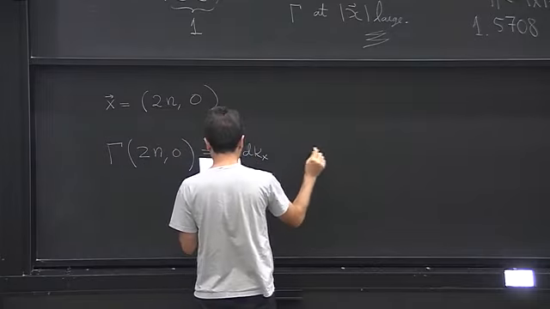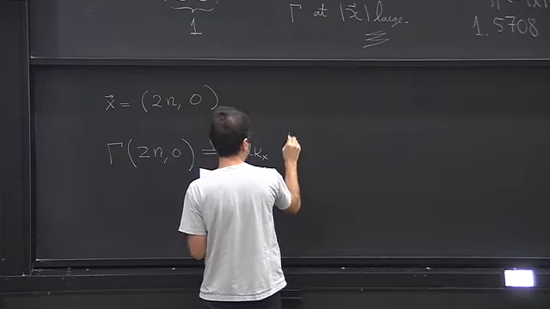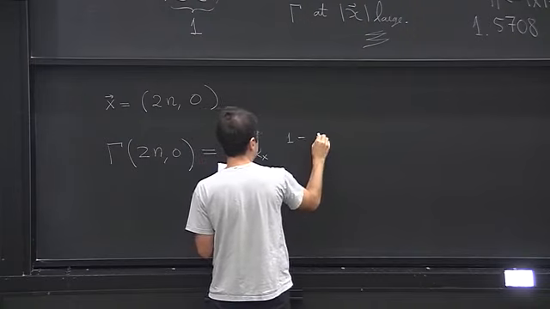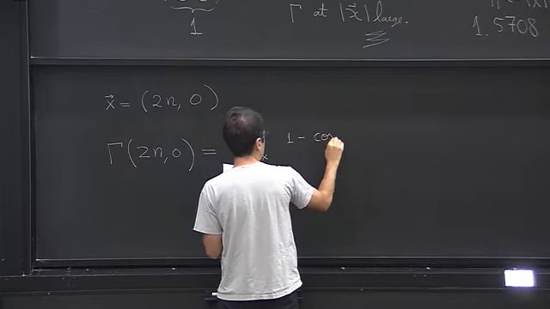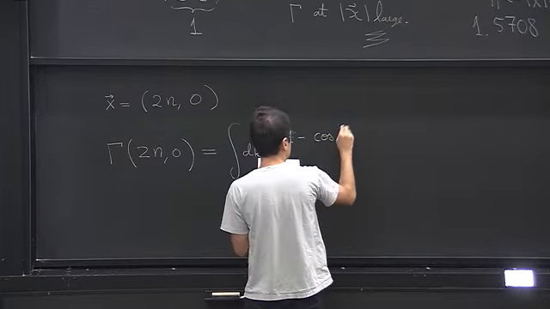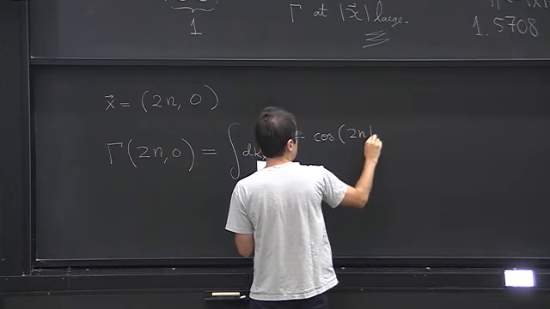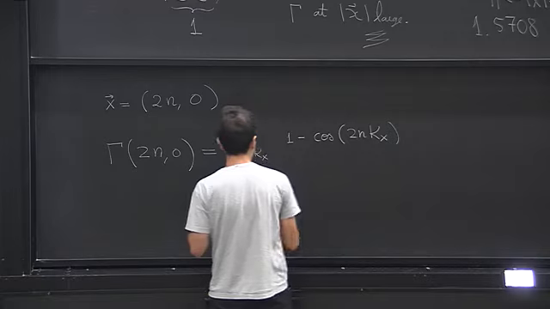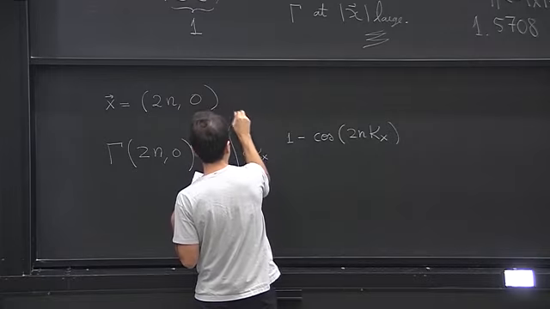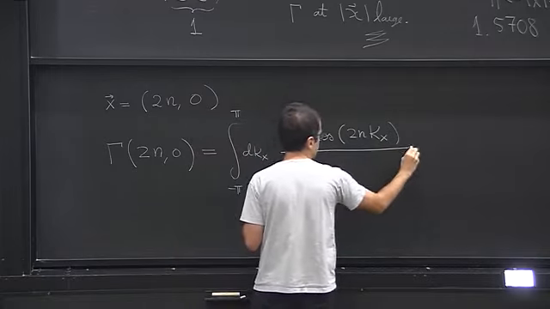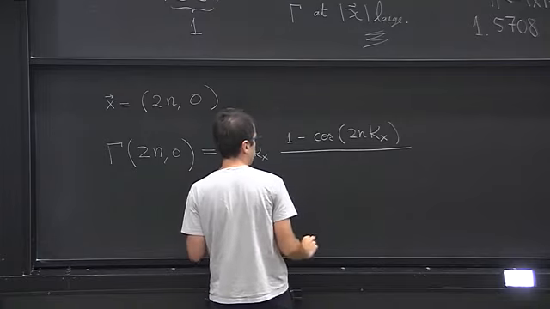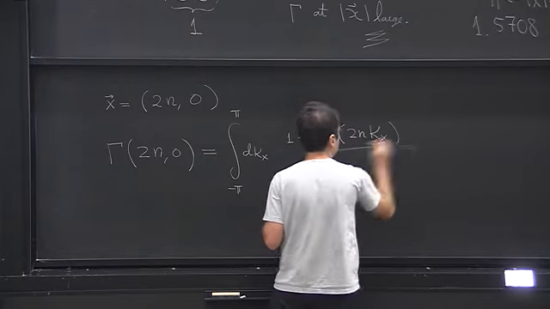So it's nice to take out the exponential, 1 minus the exponential. And by symmetry, I can write just the cosine part, because the sine is 0 when I integrate between minus pi and pi by parity.